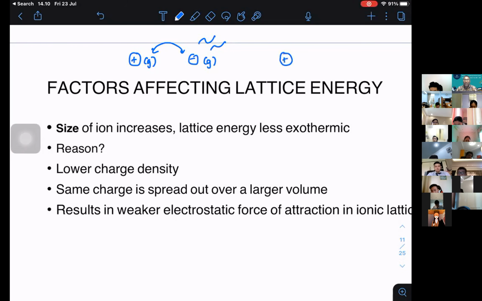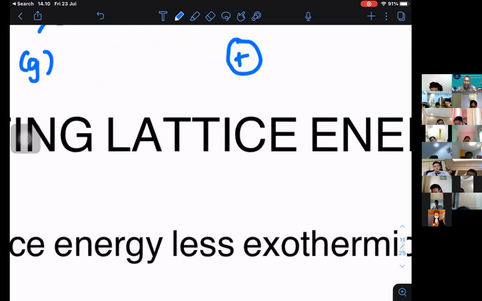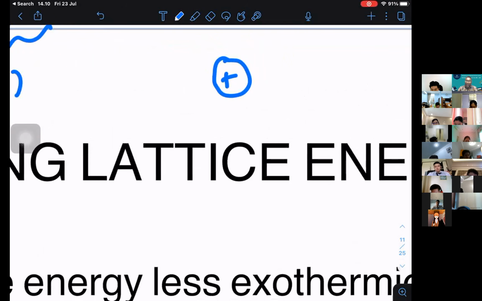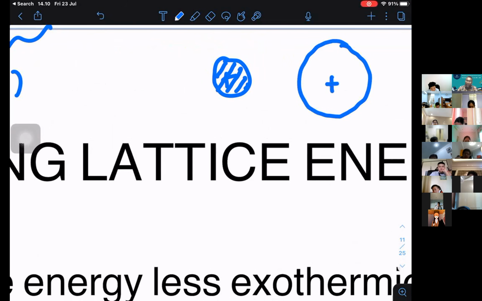Please remember this. If you have a particular charge and the size is small, this positive charge is shared over a smaller volume. If you have a bigger atom with the same positive charge, it is going to be shared across a larger volume.